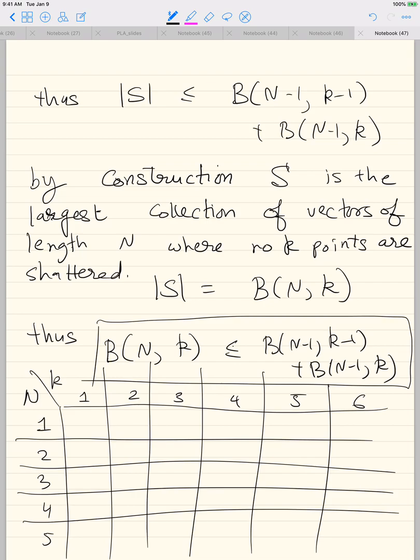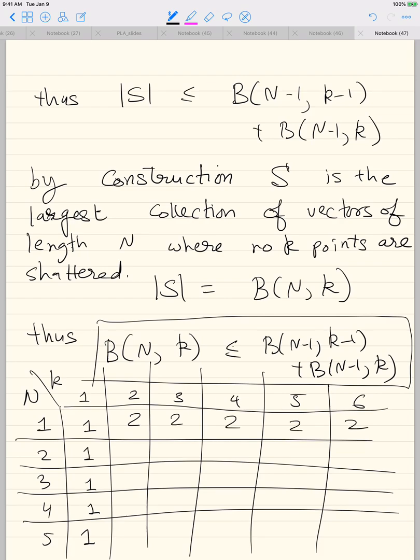First, when k is 1, B of n comma 1 is always 1. This was one of the base cases we had. If k is 1, B of n, k is all 1s. And if n is 1 and k is greater than or equal to 2, B of n, k is 2.